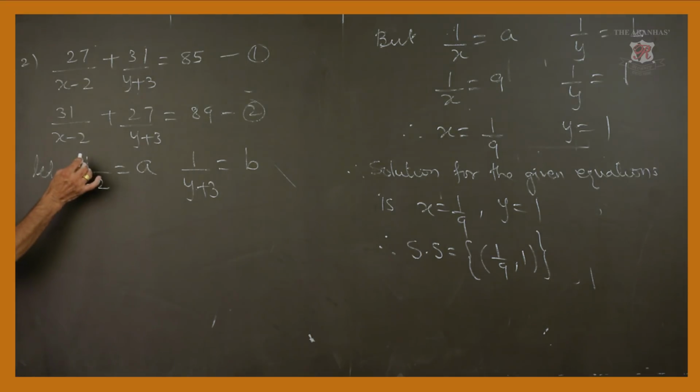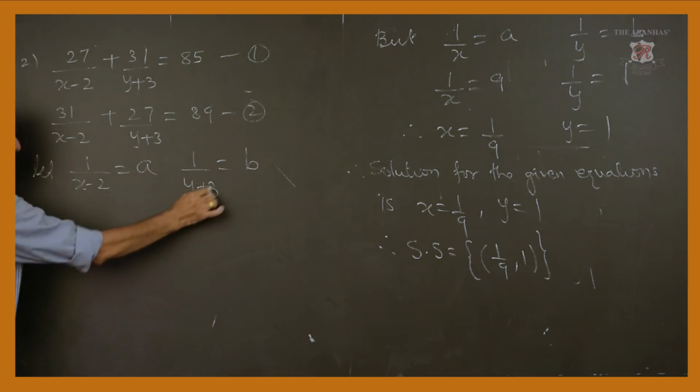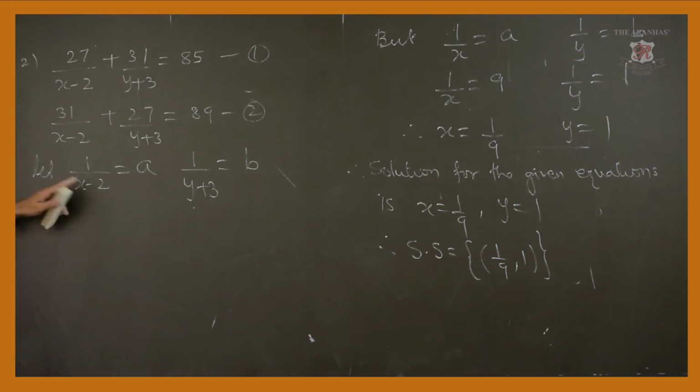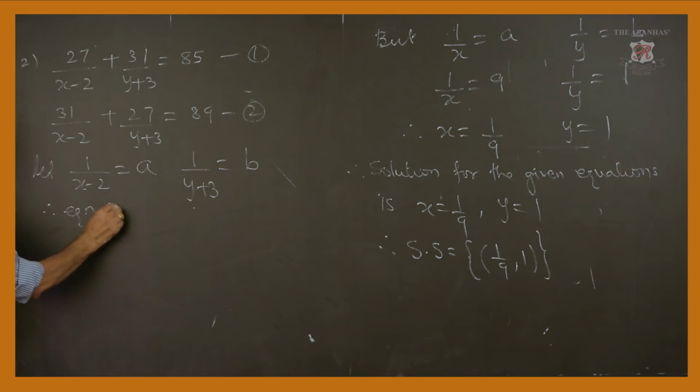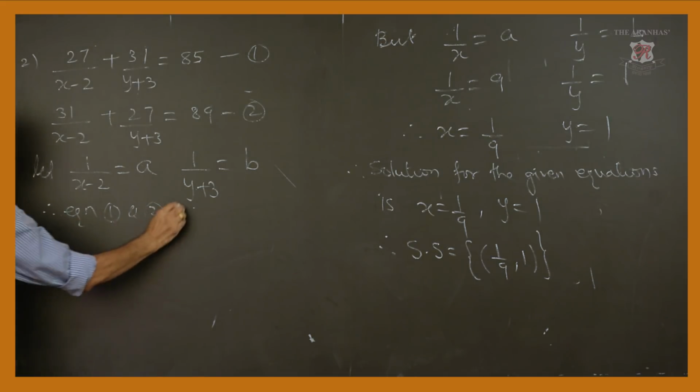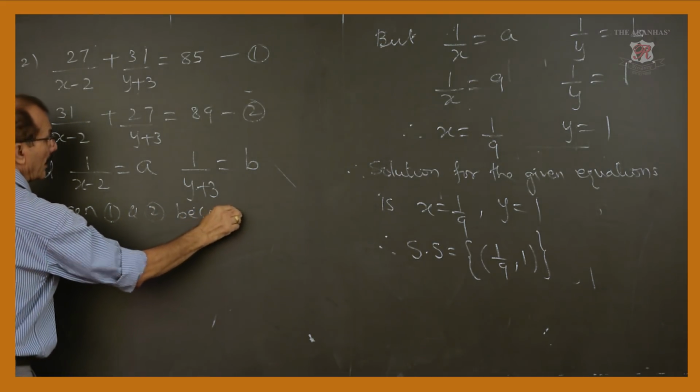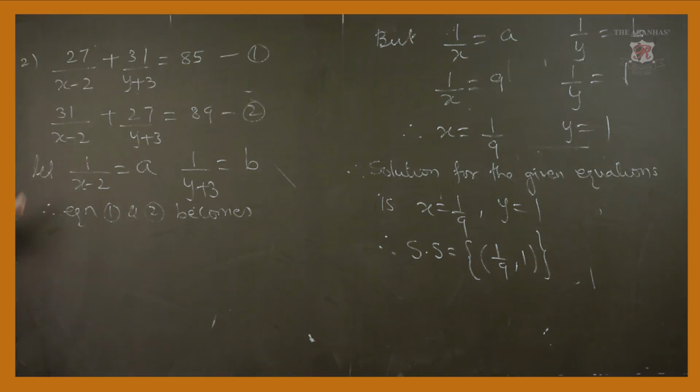Now, once you choose 1 upon x minus 2 as A and 1 upon y plus 3 as B, see how these equations now get reduced. So equations 1 and 2 become, now see, 27 upon x minus 2.